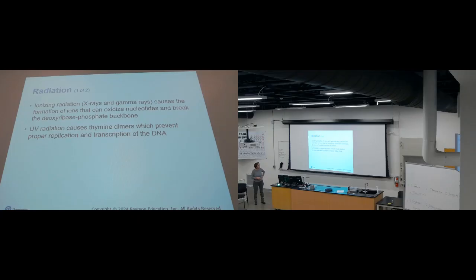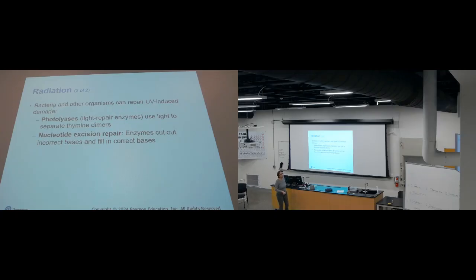And then we have another type of radiation, UV light radiation, which causes thymine dimers. So two thymines binding together instead of A's and T's. This will prevent the replication and transcription of DNA. Sometimes we have enzymes that can repair this damage by radiation.